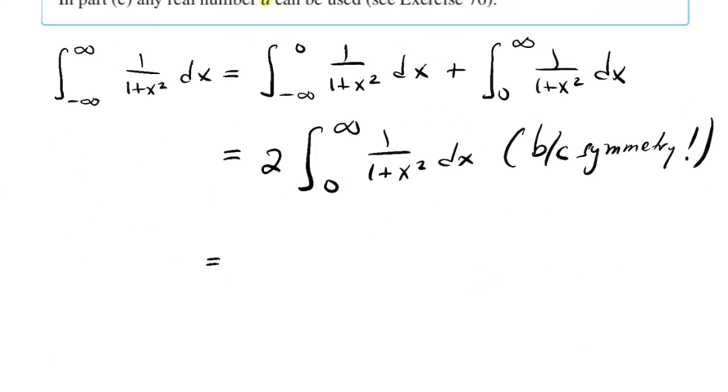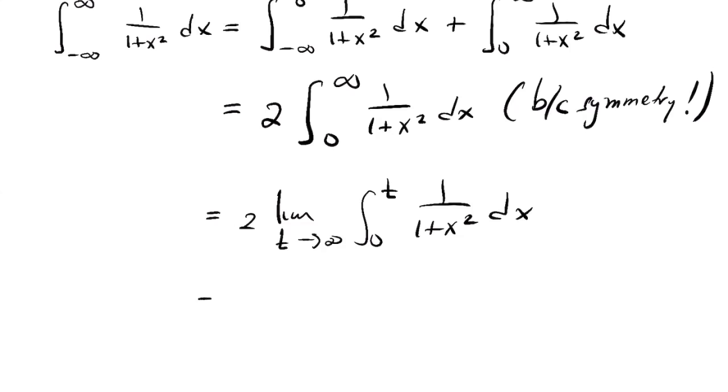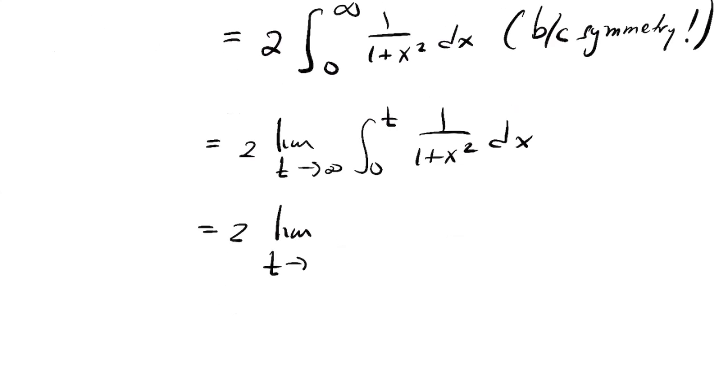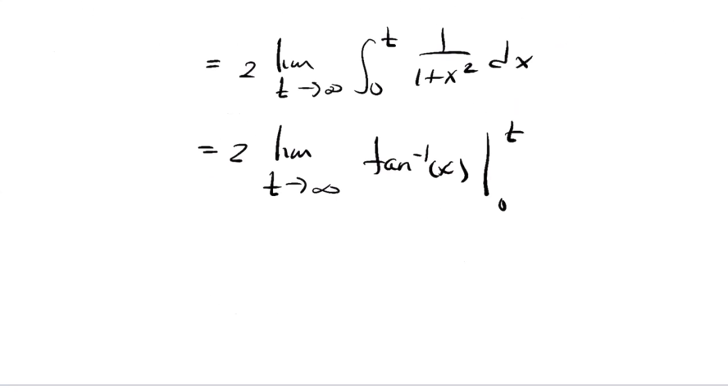And now that's 2 times the limit as t goes to infinity of the integral from 0 to t of 1 over 1 plus x squared. Sorry about the degenerating handwriting, but I'm just trying to go fast. The antiderivative of 1 over 1 plus x squared is, I should have asked you to stop the video, arctangent. All these functions we know the antiderivative of.